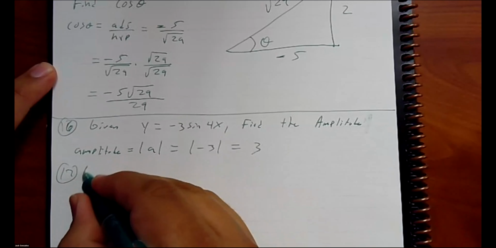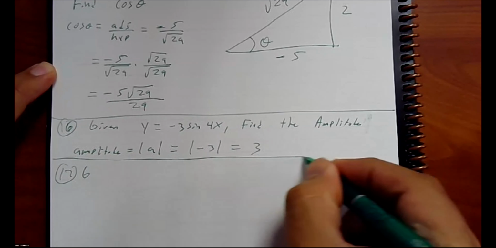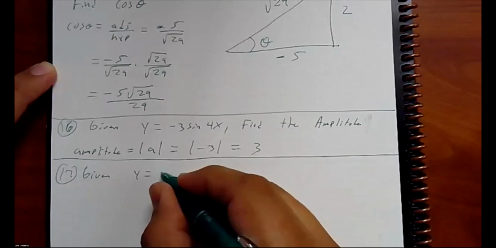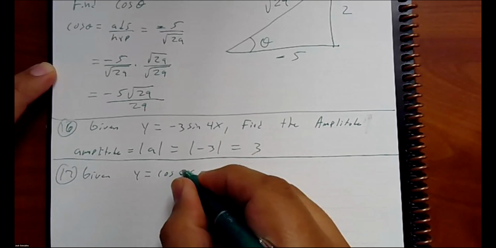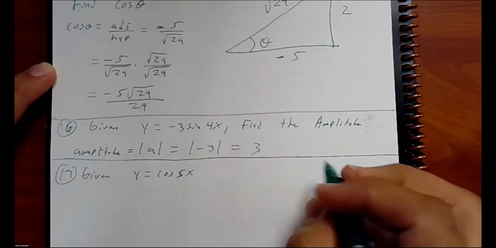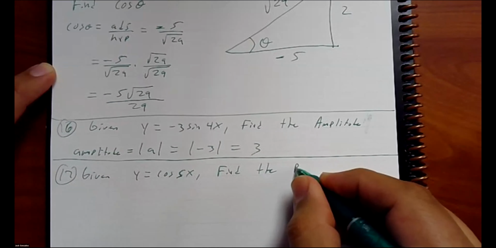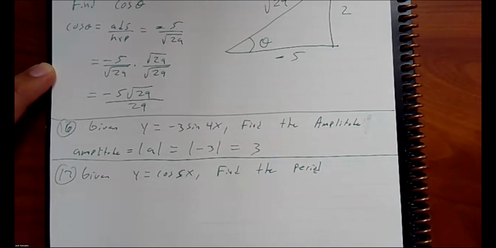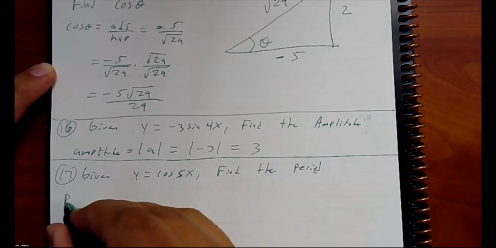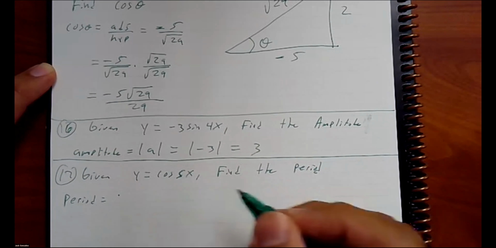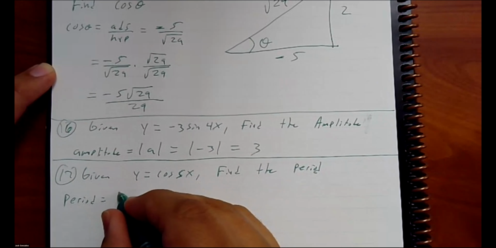Number 17. Given that y is equal to cosine 5x, find the period. What is the period? Do we call it B in the notes?